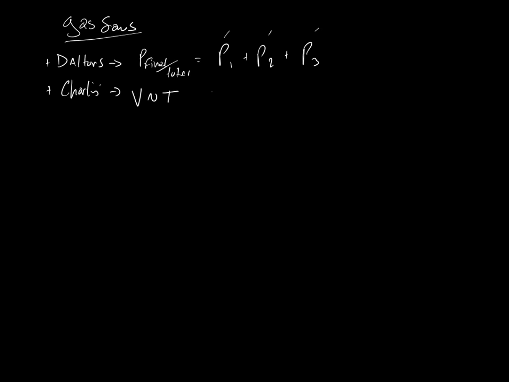Remember, most of these gas laws, you're looking at three variables: volume, pressure, and temperature, and then you hold one of those three constant and look at the other two. All right. So that is to say, when temperature increases, volume will increase, and when temperature decreases, volume will decrease.